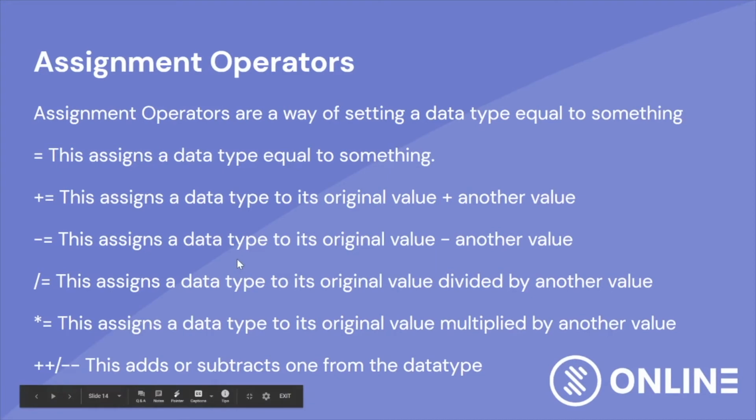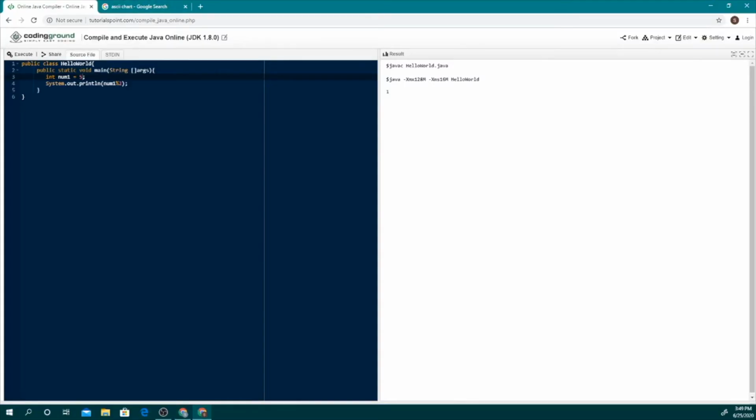Plus equals assigns a data type to its original value plus another value. So if we said num1 plus equals 3, we will know that num1, which is 5, is added to 3, and that gets stored back into num1. So num1 is now equal to 8.